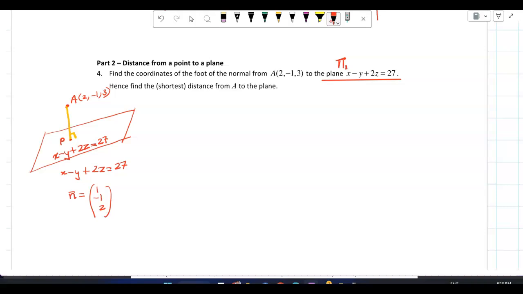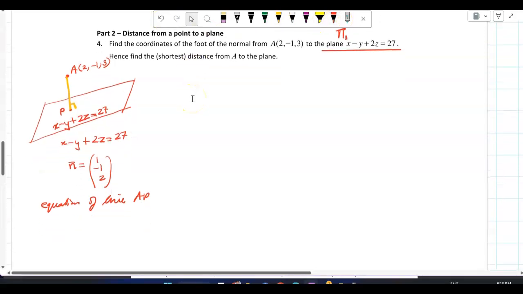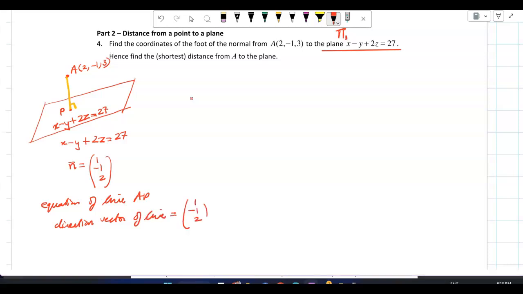Now, can you find the equation of line PA? The direction vector of the line is the normal 1, minus 1, 2.